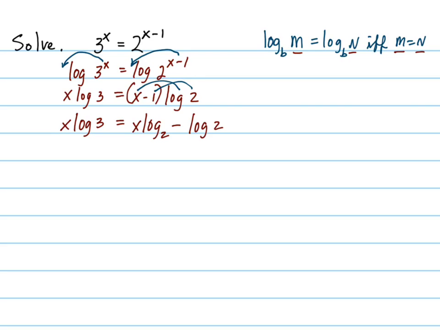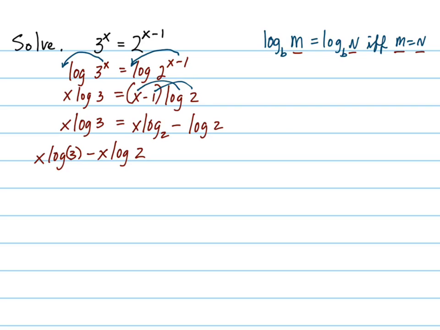So now we're trying to solve for x, and so we need to get our x terms on the same side. So I'm going to have to subtract this x log 2 from both sides. When I do that, I'm going to get x log of 3, minus x times log, oops, that should be a 2 there. I made a mistake on that part up above.